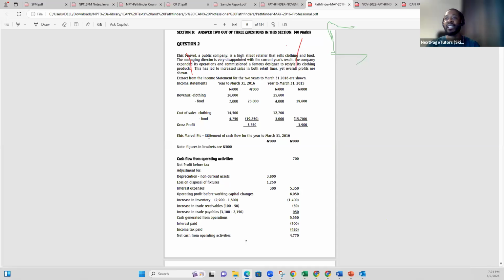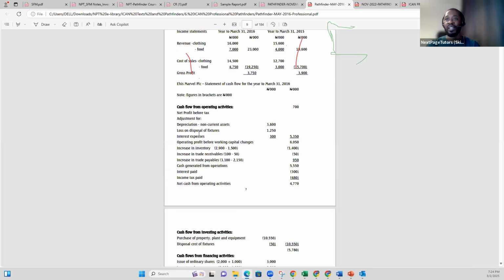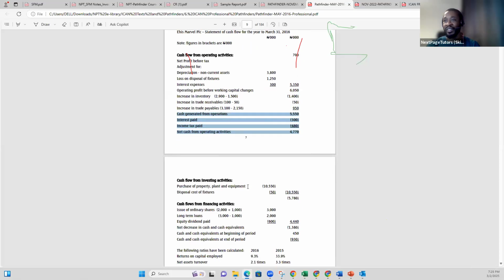And then the company's cash flow statement is given, showing us the net profit. They used the indirect method, showing net profit with adjustments, and then they have a positive operating profit, positive cash generated from operations, and even after deducting interest and tax, they still generated a positive net cash from operating activities.